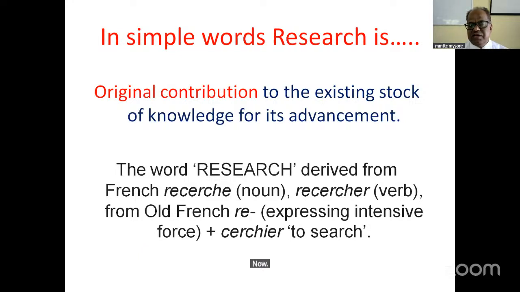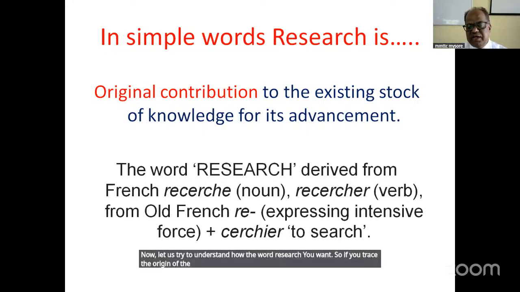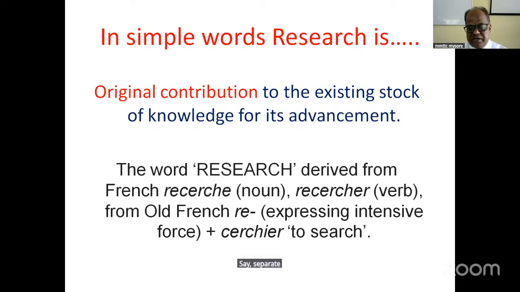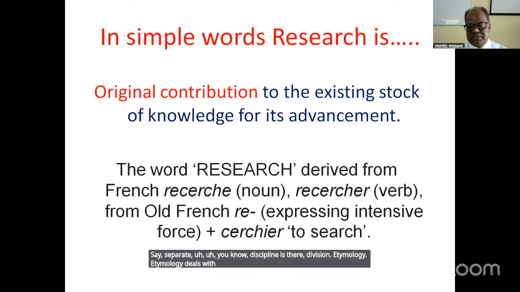Now, let us try to understand how the word research evolved. If you trace the origin of a word, in English there is a discipline called etymology, which deals with the origin of words.